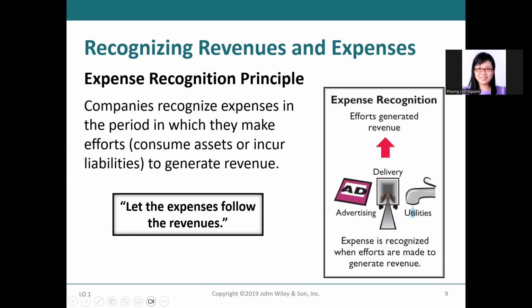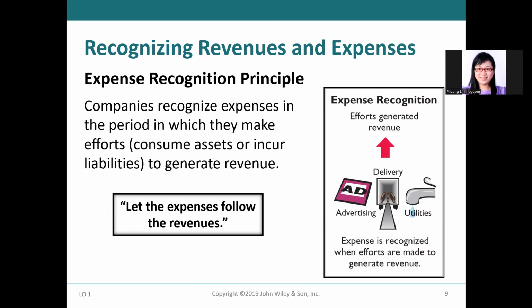Now let's look at the expense recognition principle. We recognize expenses in the period in which they make effort, consume assets, or incur liability to generate revenues. So we recognize expenses when we use them in order to generate revenues, even though we haven't paid money yet.